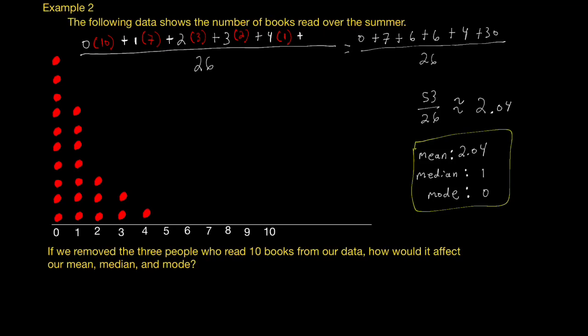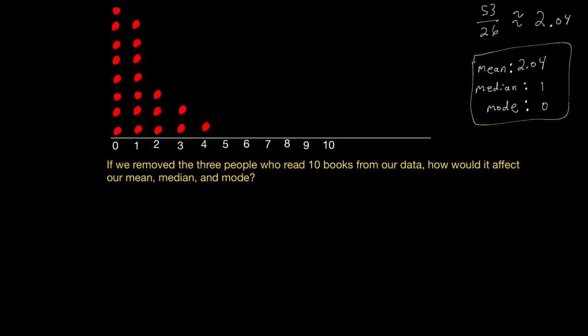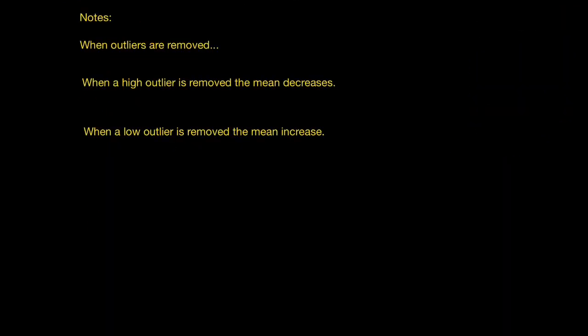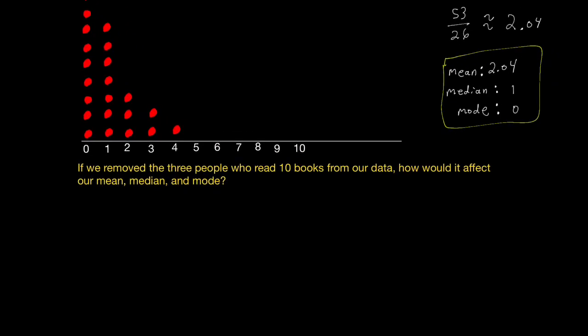Okay, so we got rid of 3 red dots here. So we're going to have to subtract the 26 by 3. So now we're going to compute this part right here and see what happens. And we should expect the mean to decrease, because we're removing a high outlier. So let's see what happens.